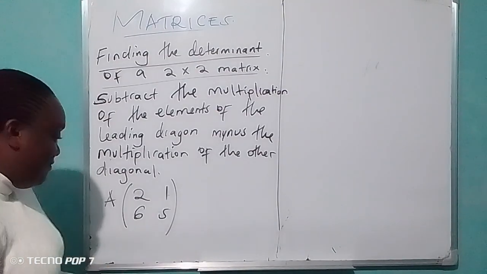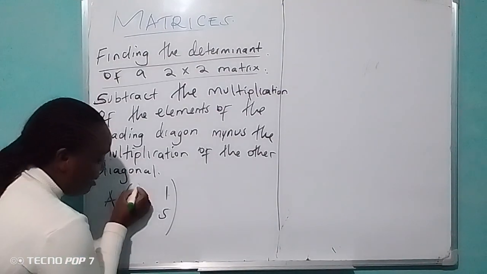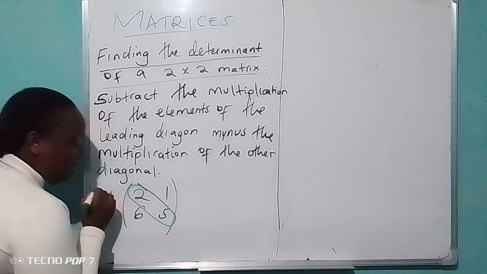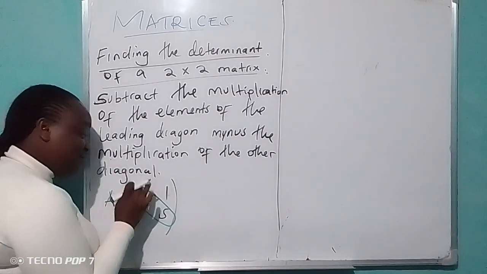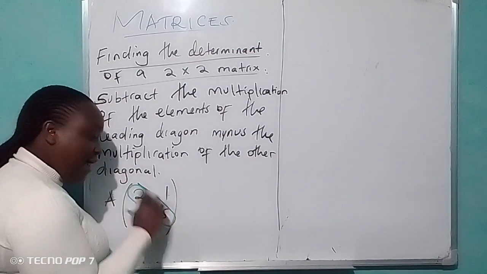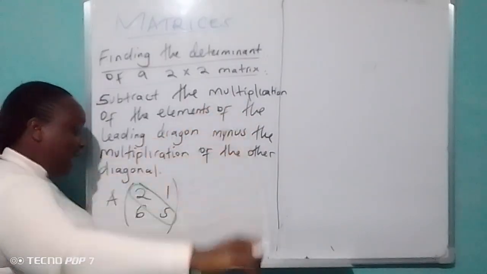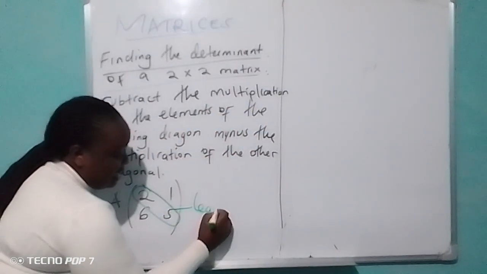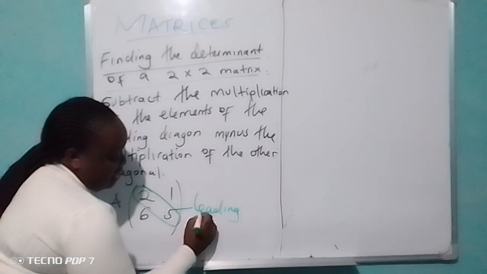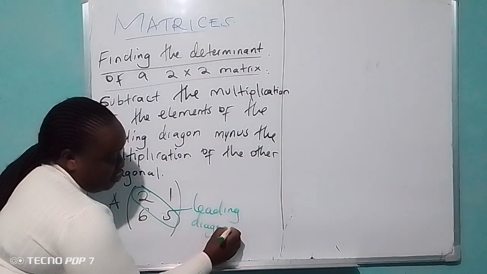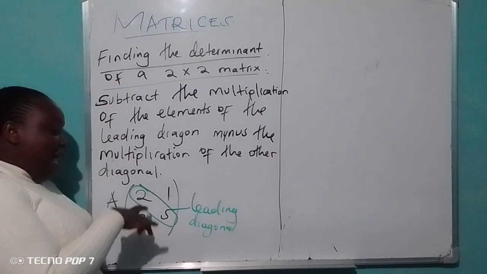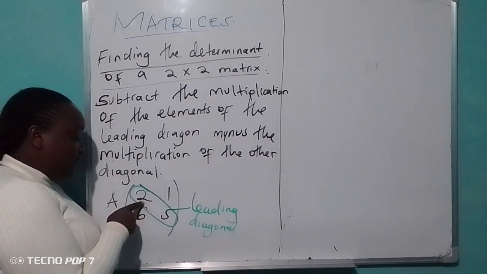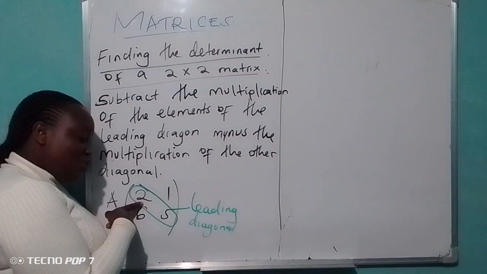So if this is matrix A, we identify the leading diagonal from this one. Look at the first element, the element of the first row, first column.